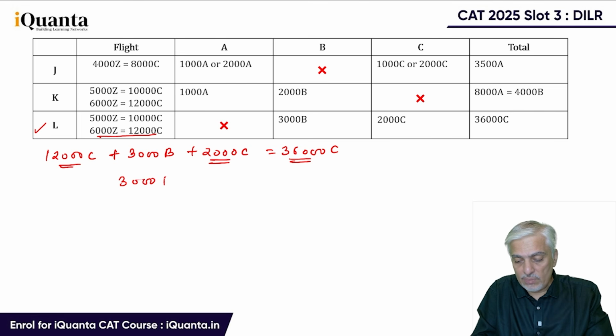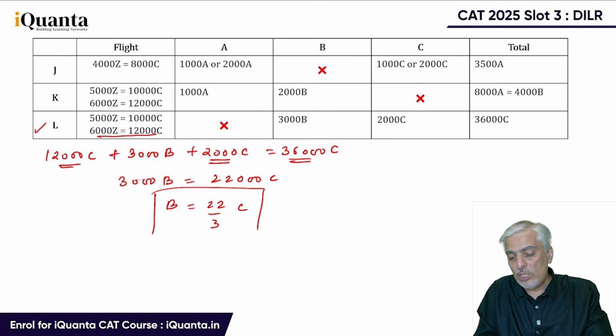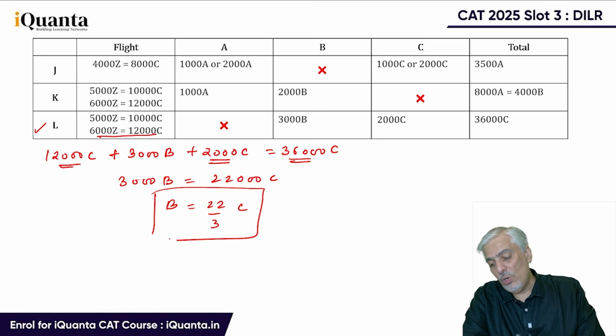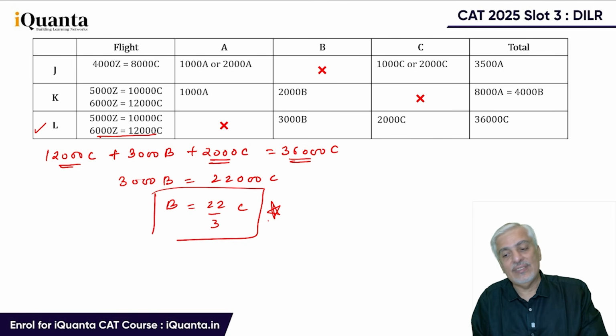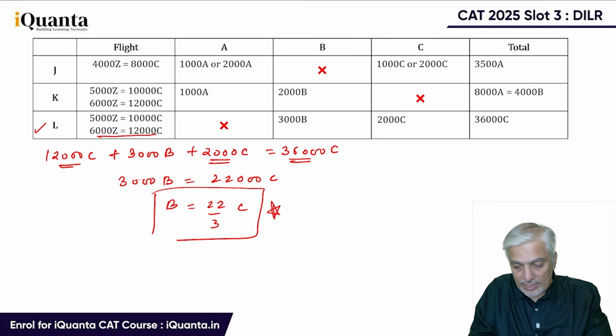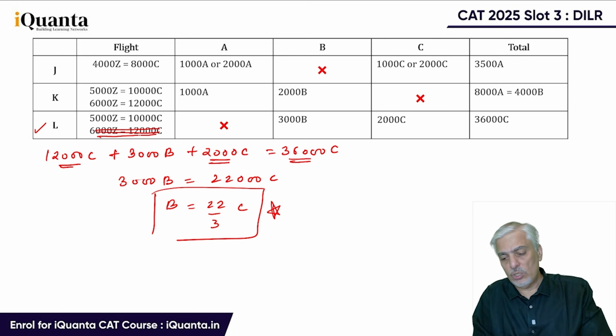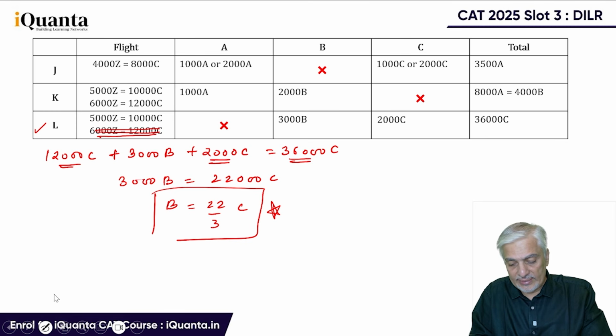So 3,000 B is 22,000 C and B will be equal to 22 upon 3 C. If you look at all the options given behind and the numbers given, this definitely doesn't look like the right answer. So very frankly, this looks like the wrong case, and I'll prove it also. Let's go to the other case.